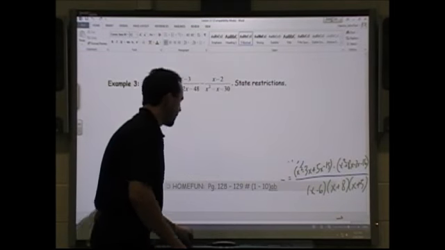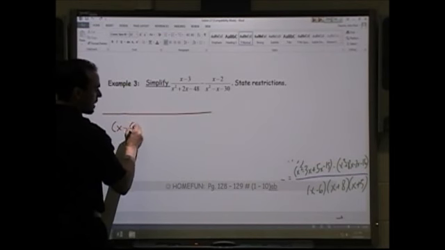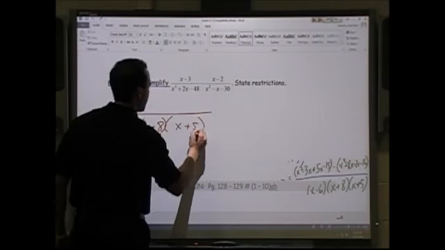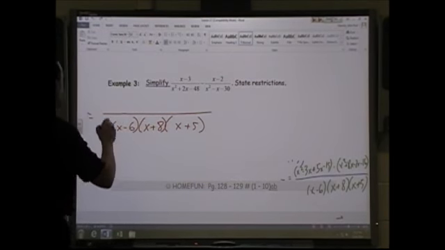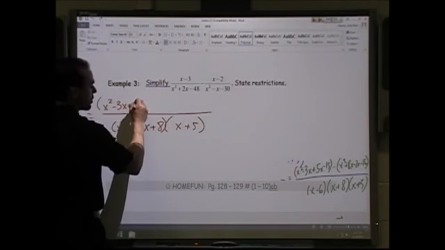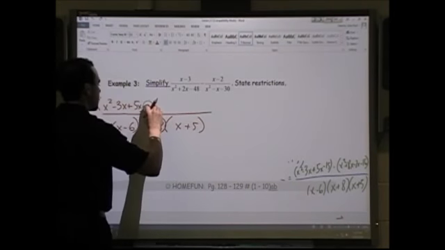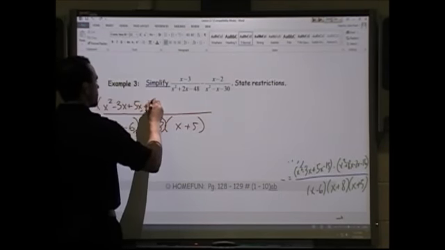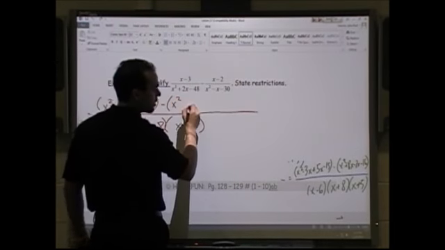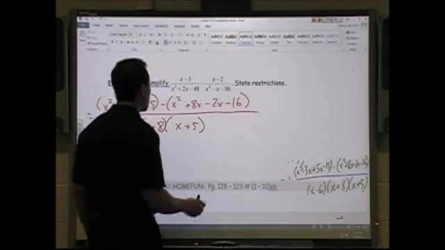Now, just rewrite that over here, nice and big. This is all over x minus 6 times x plus 8 times x plus 5. And this one is x squared minus 3x plus 5x minus 15, minus, and in this bracket you have x squared plus 8x minus 2x minus 16. That's a little clearer for you.